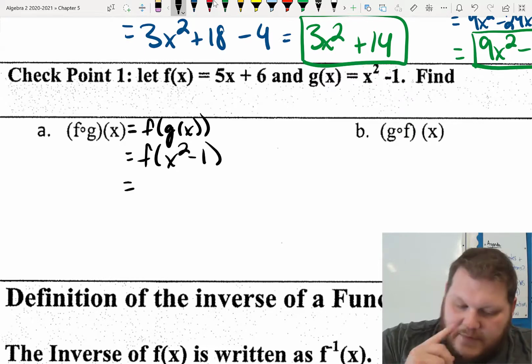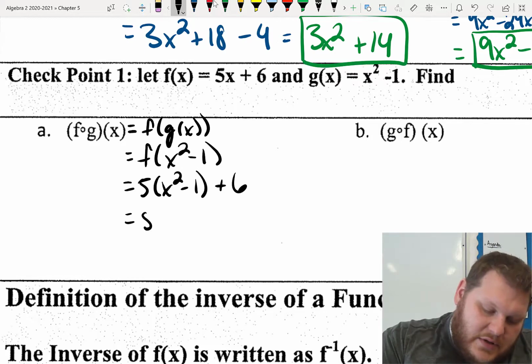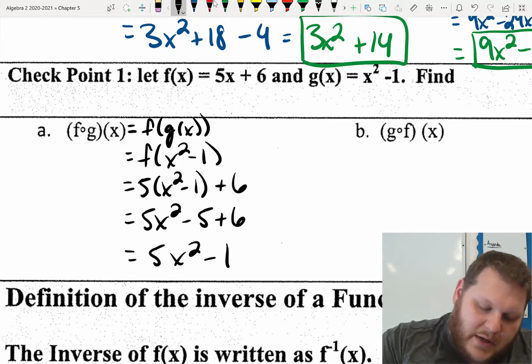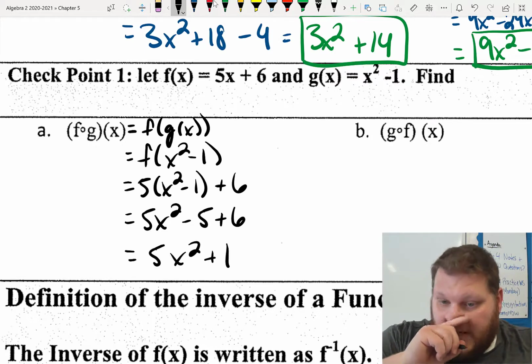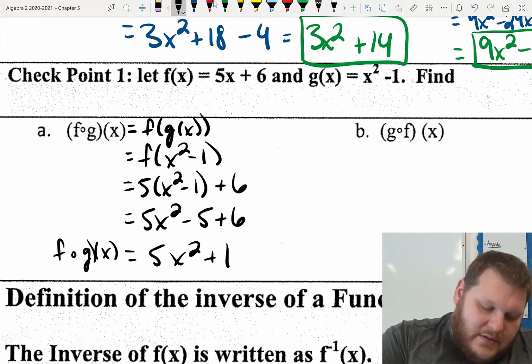My f of x is 5x plus 6, so 5 times x squared minus 1 plus 6, which is 5x squared minus 5 plus 6. So 5x squared plus 1 is what f of g of x is equal to.